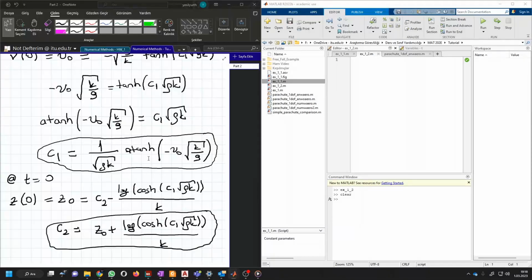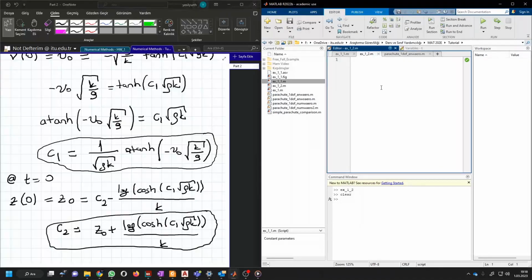Now we can write down these equations in our MATLAB script and visualize our model with aerodynamic effects and compare the results with the first part, which had no aerodynamic effects. Again, let me start with constant parameters first. I have the same mass. I have a projected area which is 80 square meters.